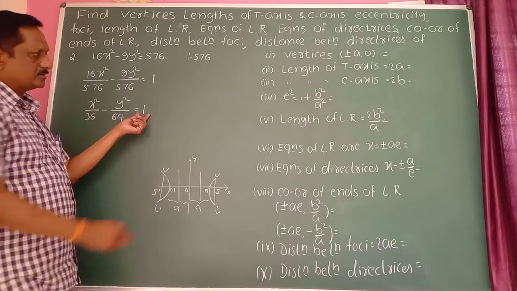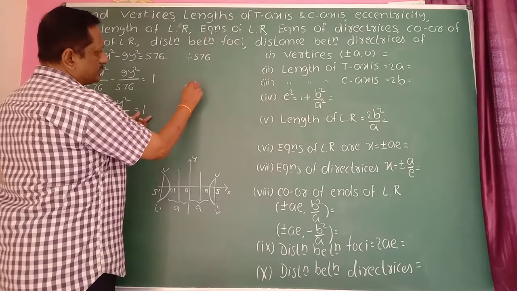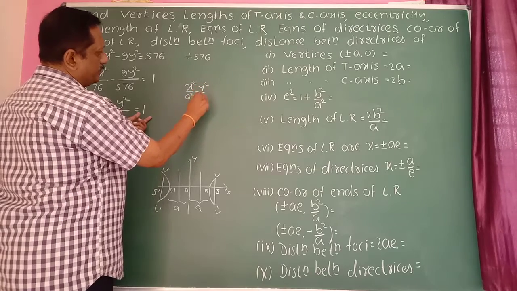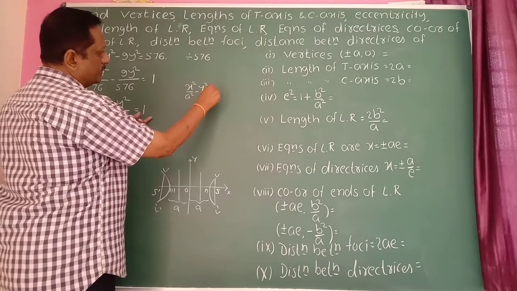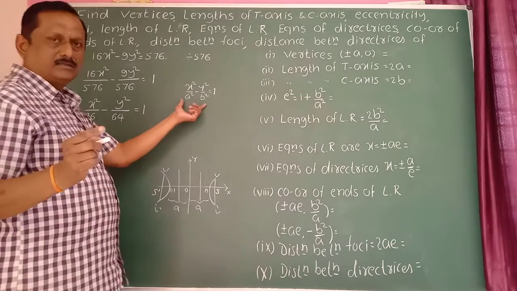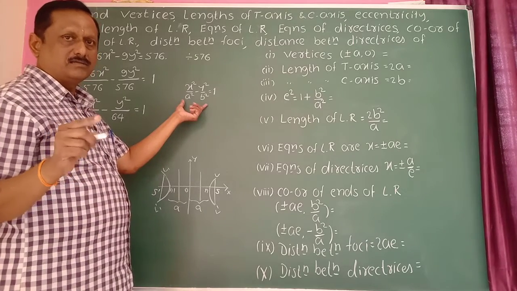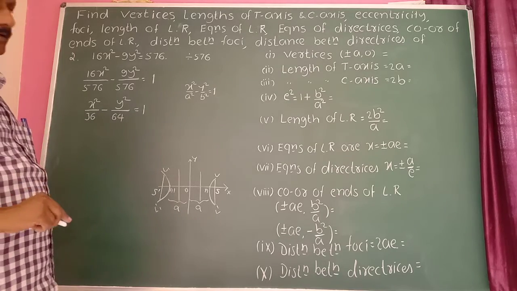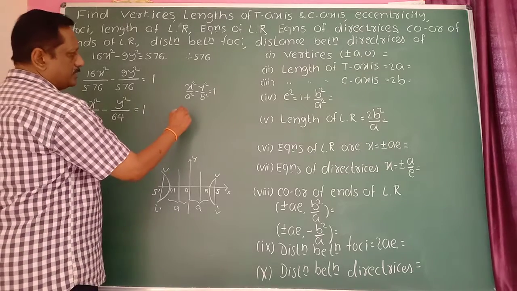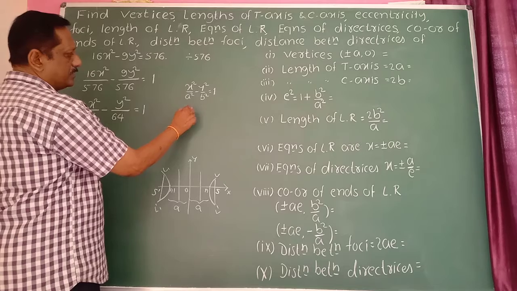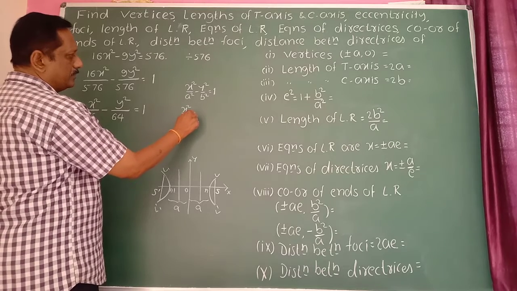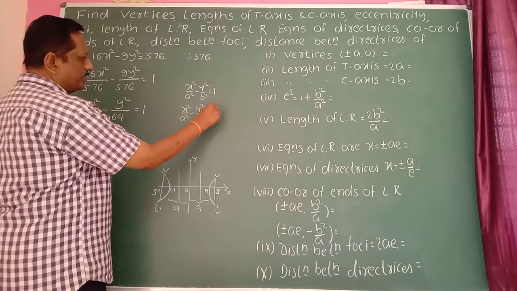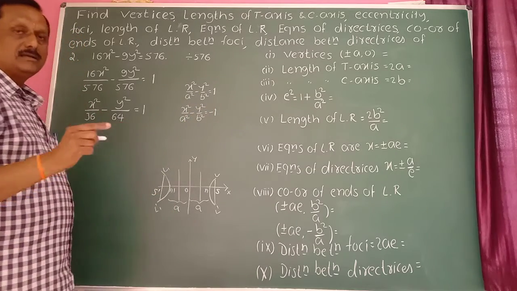Suppose the equation is x²/a² − y²/b² = 1, then this is the equation of a transverse hyperbola. Suppose the equation is x²/a² − y²/b² = −1, then it is a conjugate hyperbola.